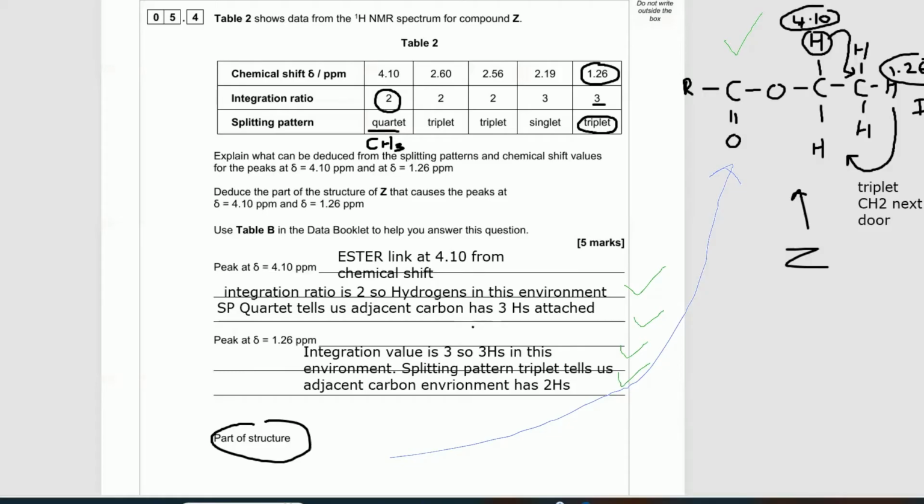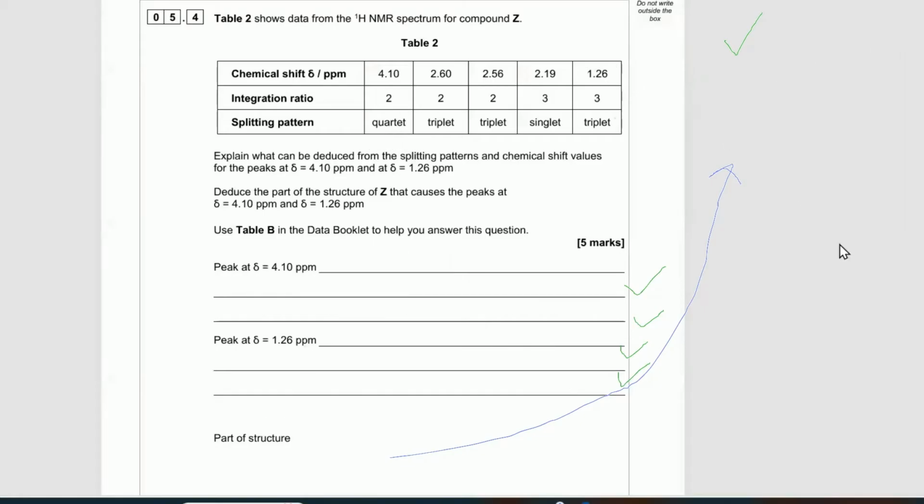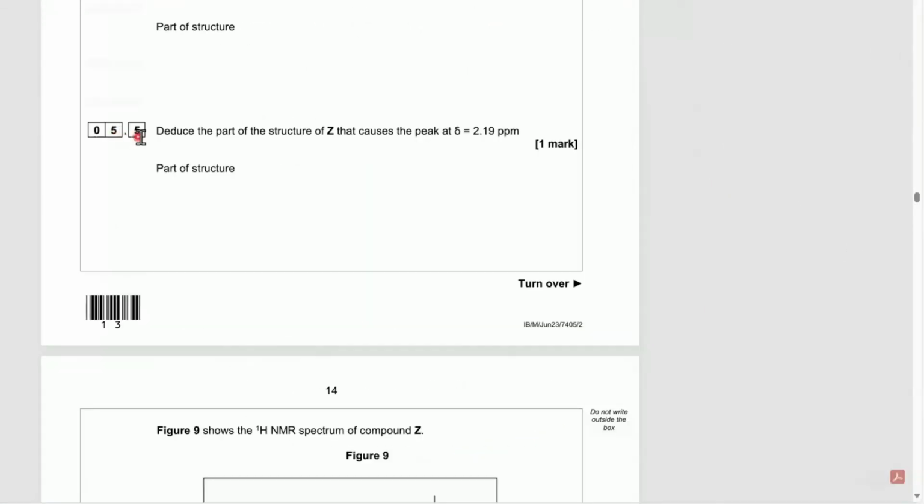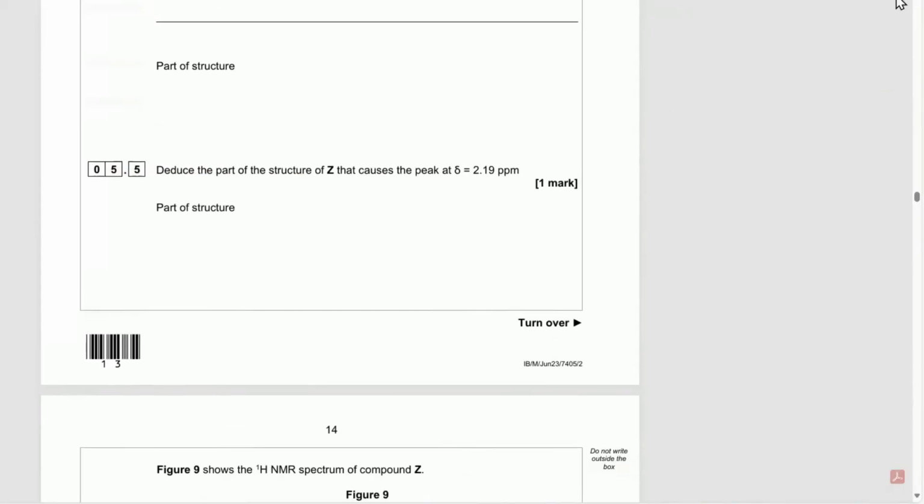So now we're going to move on and flick down. 5.5, deduce the part of the structure of Z that causes the peak at 2.19. Let's check out 2.19.